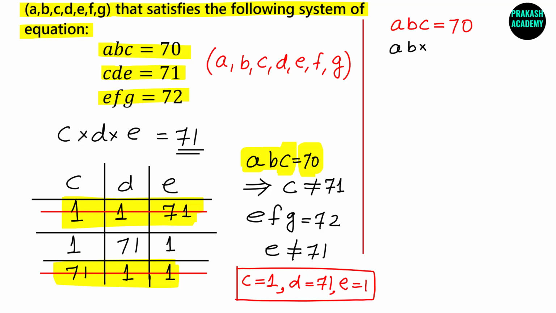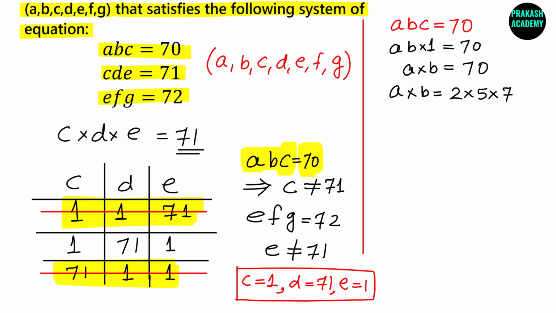Then this is equal to 70. This means a times b is equal to 70. Now what are the 2 numbers whose product is 70? Let us write the factors of 70: this will be 2 into 5 into 7.